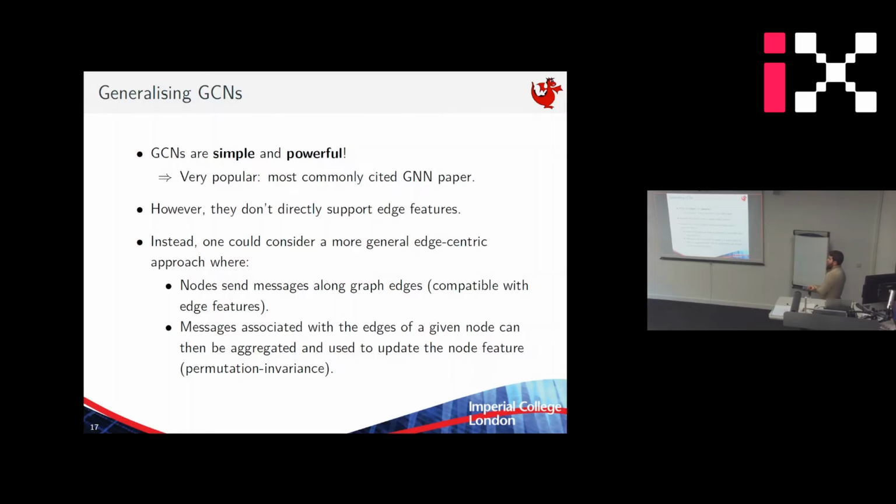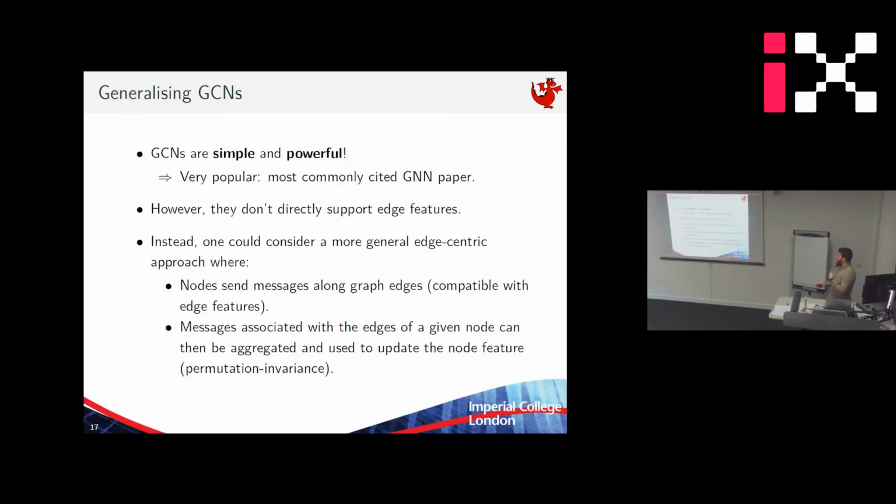Instead, one could consider a more general edge-centric approach, where nodes send messages along graph edges, as you said earlier. So for each edge you have a message. This first point is nice because we have already addressed the problem. We're now compatible with edge features, because when we send that message, we can compute it to take into account the feature vector of the edge.